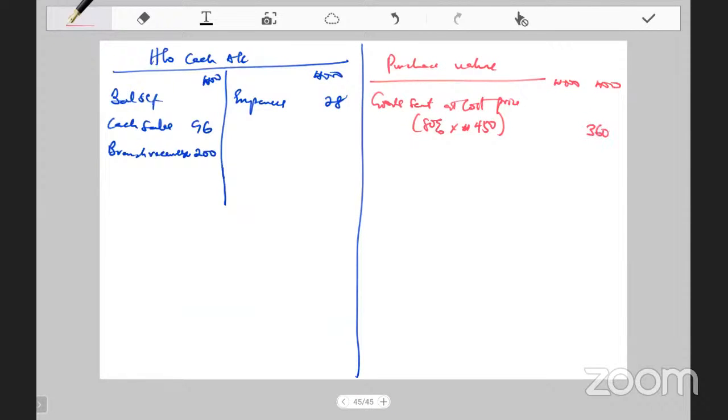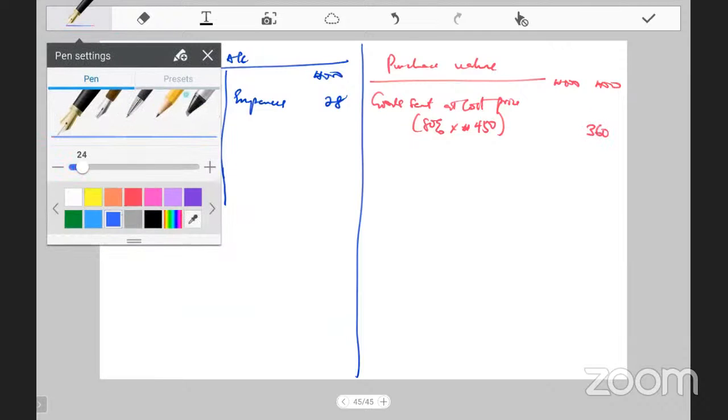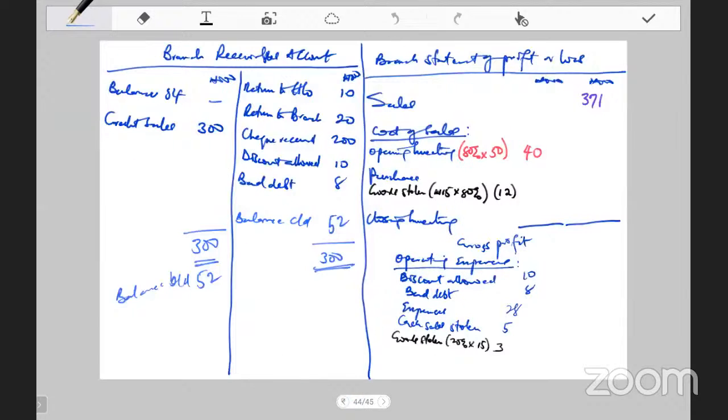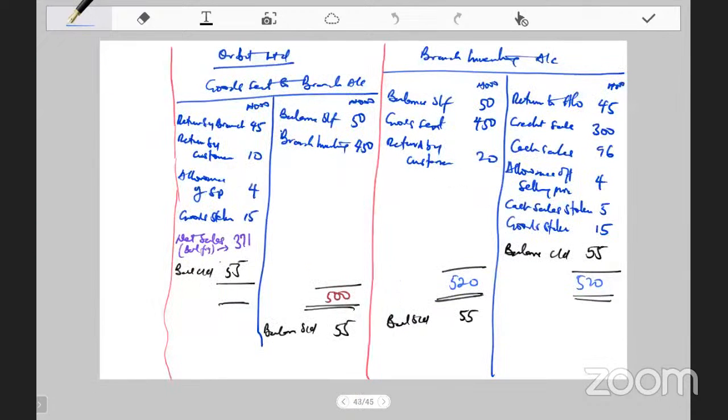Thank you. So we are now looking at the returns to head office at cost price. Who returns to head office? By branch. The branch returned how much? That is 45.